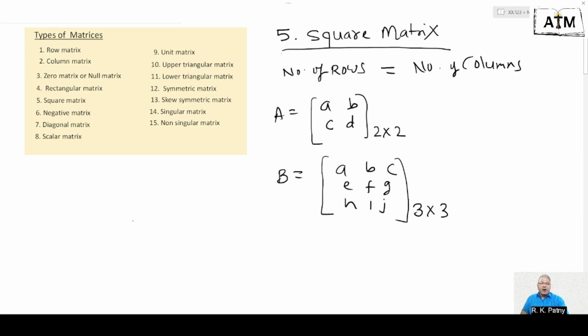So both matrix A and B are nothing but what type of matrices? They are square matrices. So how to define the square matrix?